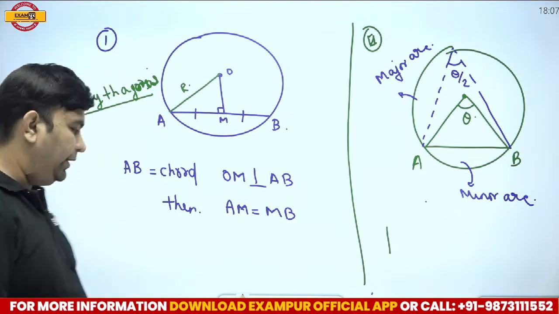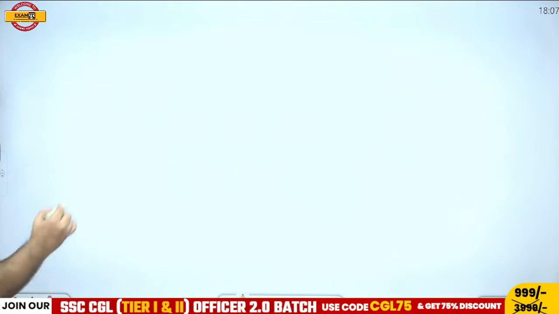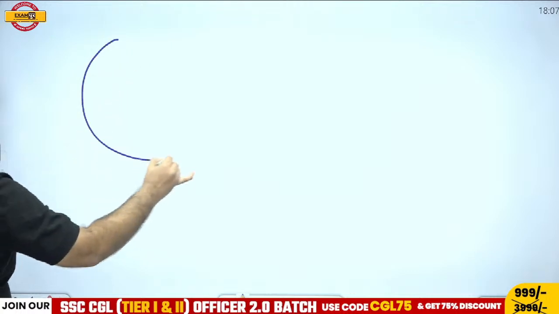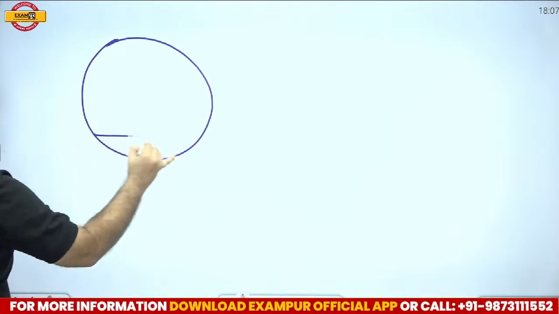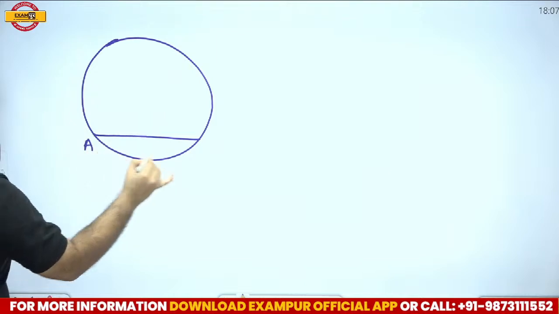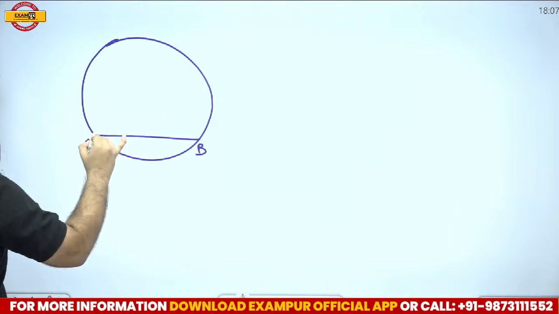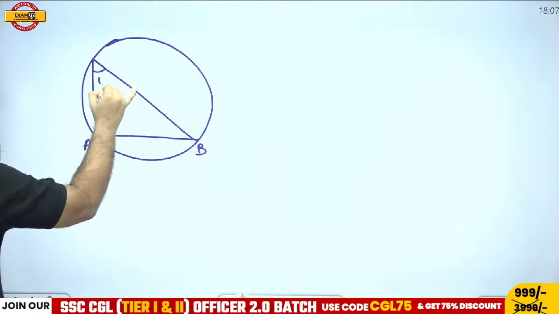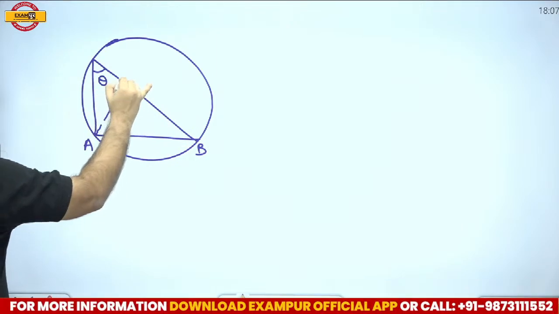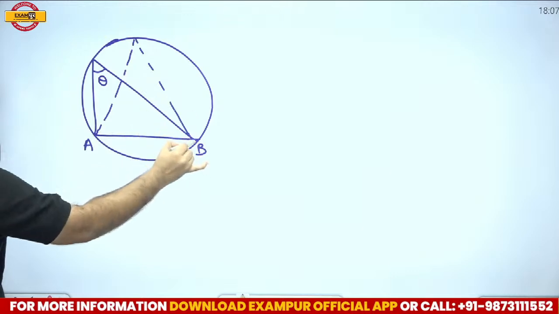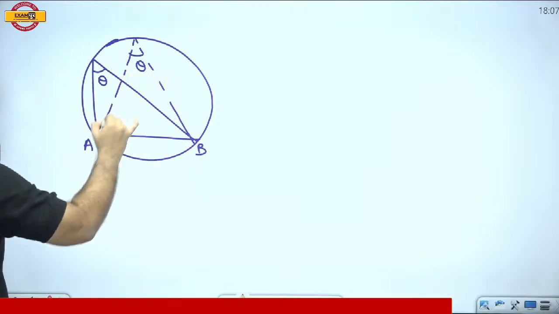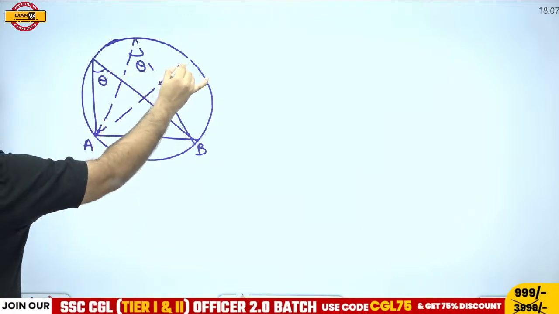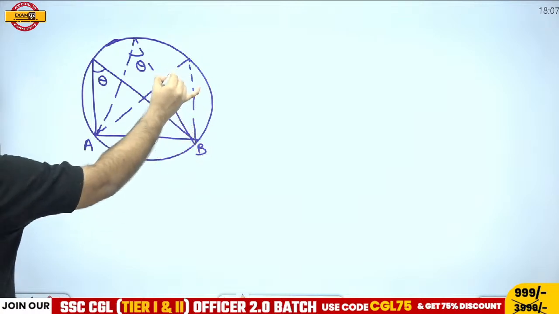Third property is, AB is a chord. If at one point in the major arc it has subtended theta, then at all other points in the major arc, it will subtend theta only.